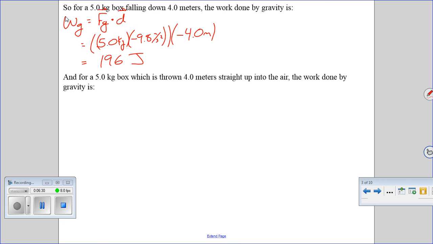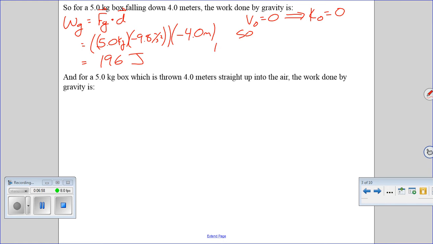Now, if it's falling, then gravity's our only force, right? Does that make sense? Now it doesn't say it explicitly, but if we assume that our initial velocity is 0, then that means that our initial kinetic energy is going to be 0, right? So what should our final kinetic energy be? 196, right? Because work is change in kinetic energy.